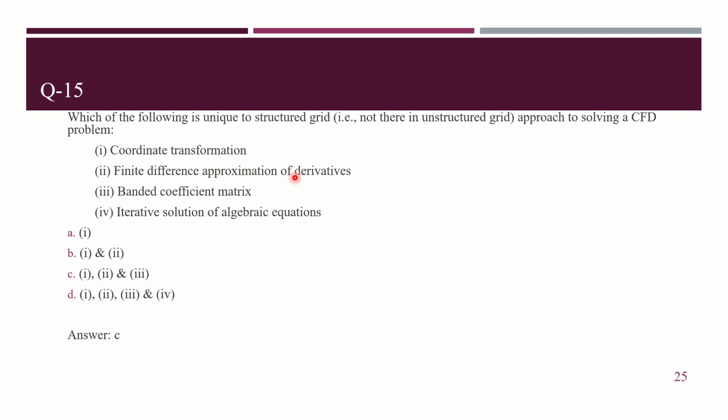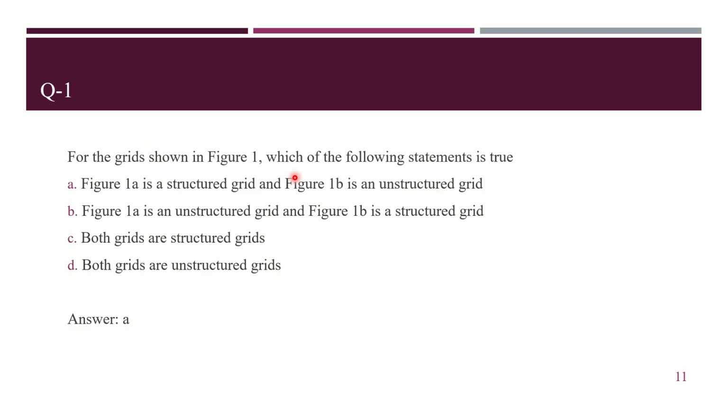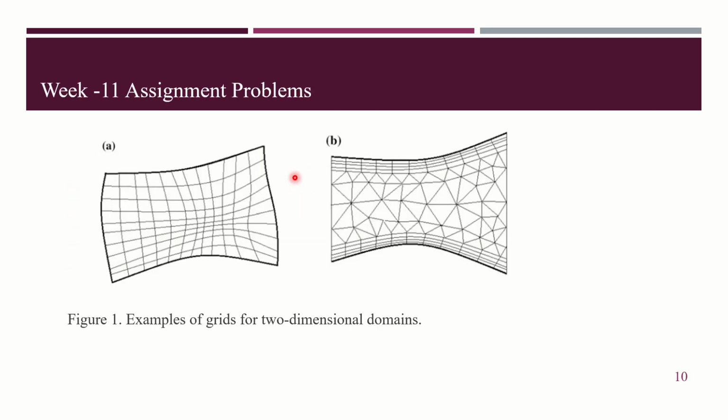In structured mesh we can get a banded coefficient matrix, but in unstructured grid we cannot get that, because we have seen in the previous examples how an unstructured grid mesh would look. So this is a structured grid, this is an unstructured grid.